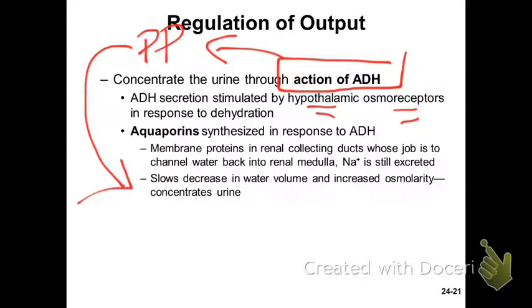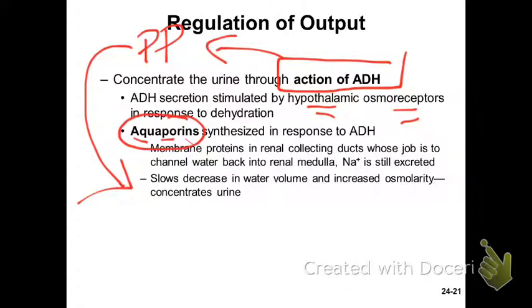And the kidneys are going to synthesize more aquaporins. Now aquaporins, let's break that down. Aqua, water. It ends in IN, so it's a protein. And pore. So it's a protein that creates more pores, more opportunities for water to be reabsorbed back into the body.